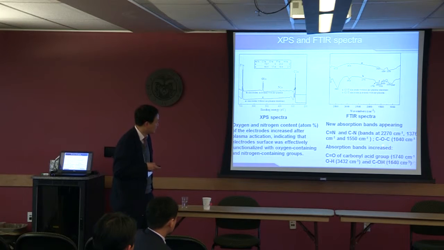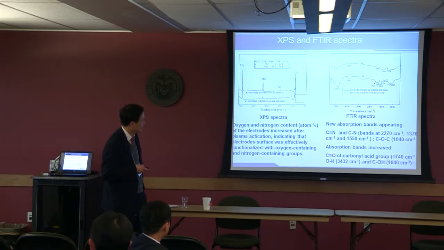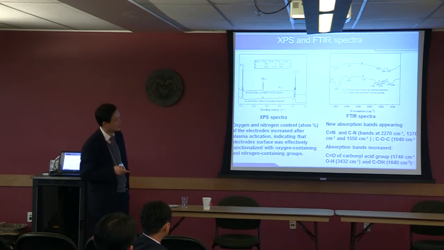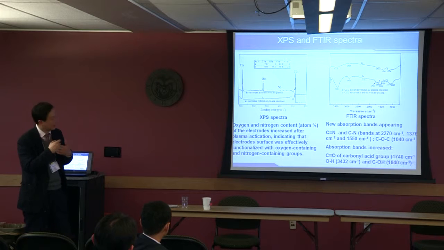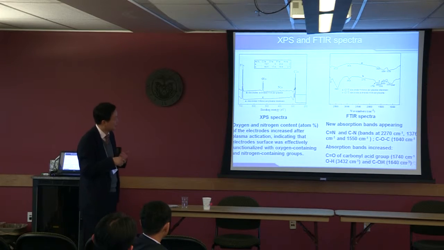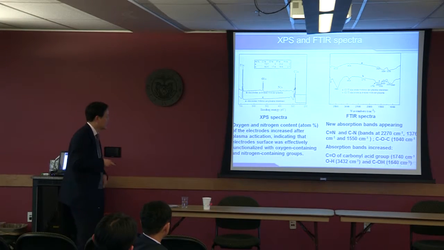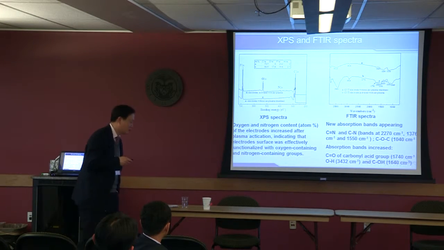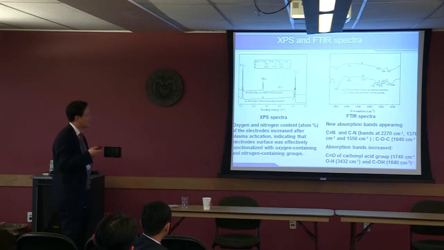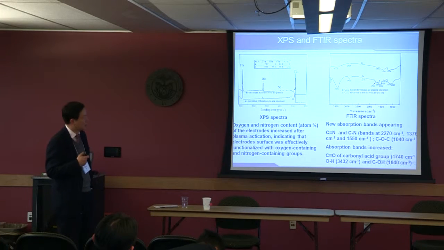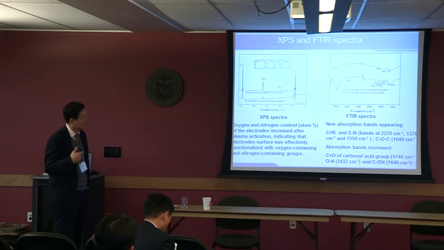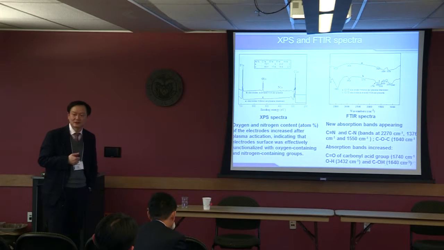Also, there are hydroxyl groups and hydroxyl groups linked to carbon. Also, the density of the band increased. These groups could play a very important role in the removal of metal ions from the solution by electrosorption.